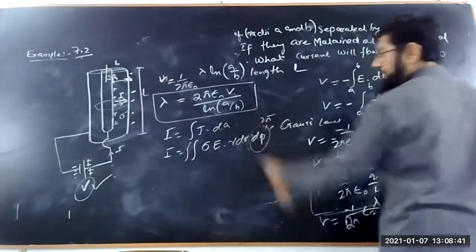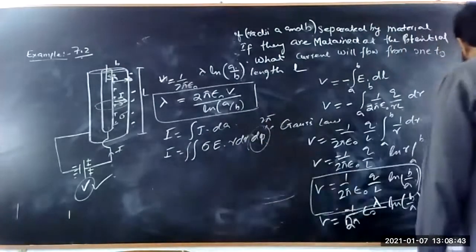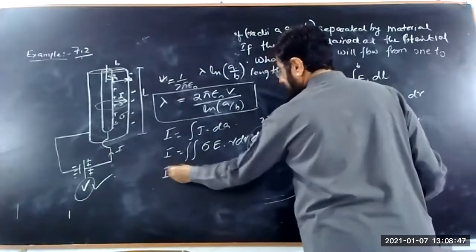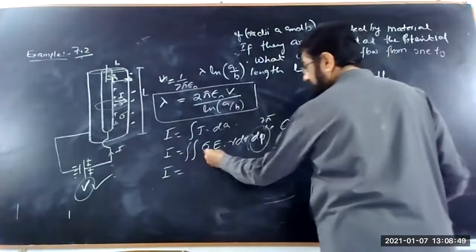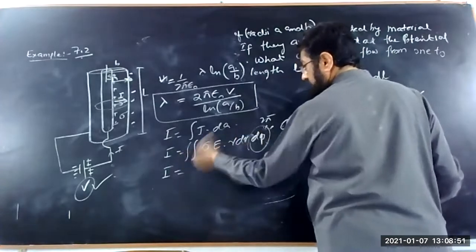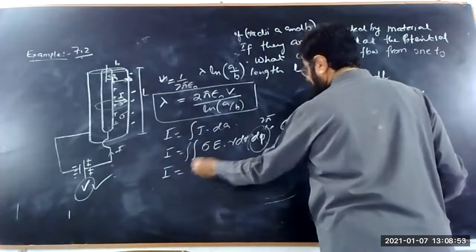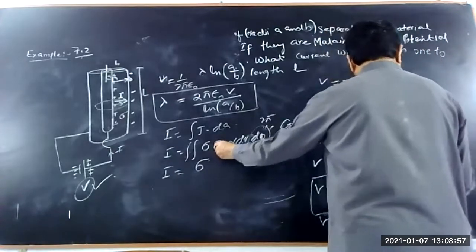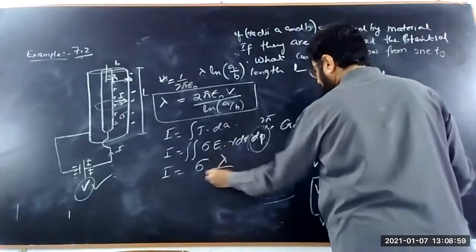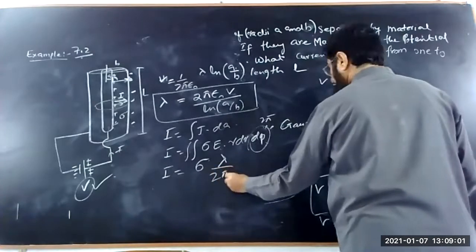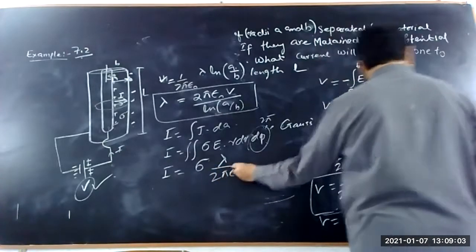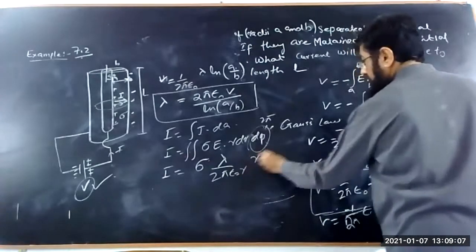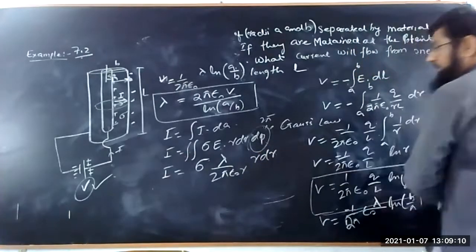So we substitute the value of E over here. So I is equal to the single integral, since one of the integrals is converted into 2 pi. So this is equal to sigma, and E is equal to lambda upon 2 pi epsilon naught R, times R dr.